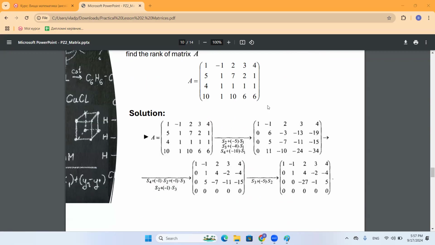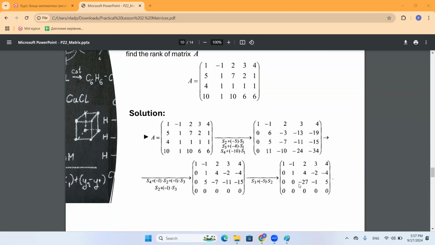You remember how we were calculating determinants. We were transforming the matrix to the triangular form. We were transforming the determinant to the triangular view. Do you remember, right?